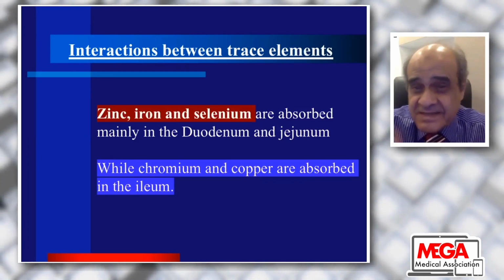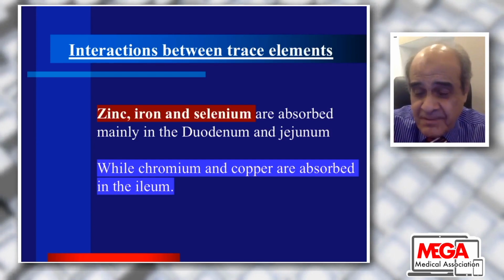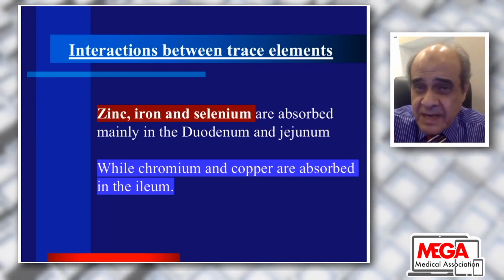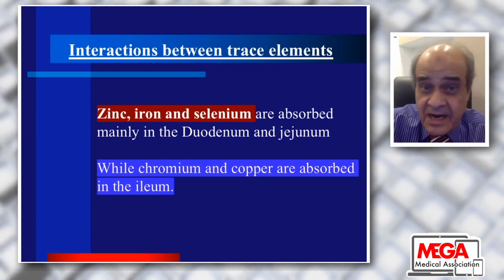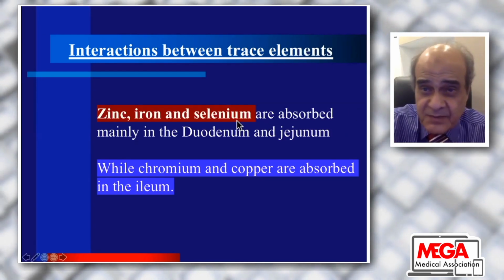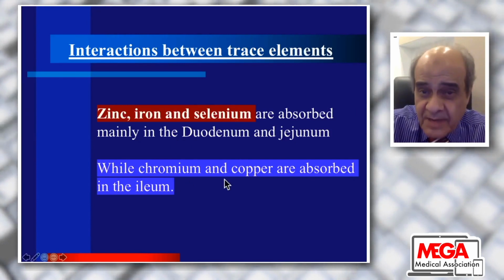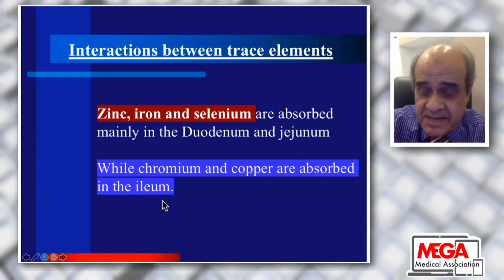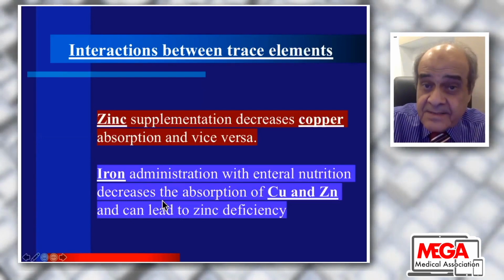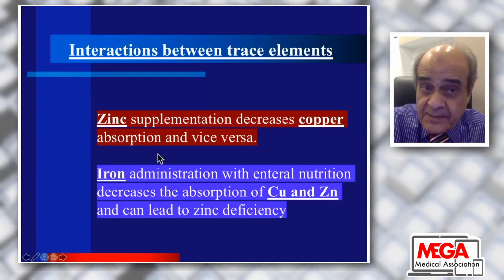Even the site of absorption in the GIT depends on the type of trace element. Zinc, iron, and selenium, for example, are absorbed mainly from the duodenum and the jejunum, while chromium and copper are absorbed in the ileum. Zinc supplementation decreases copper absorption and vice versa.